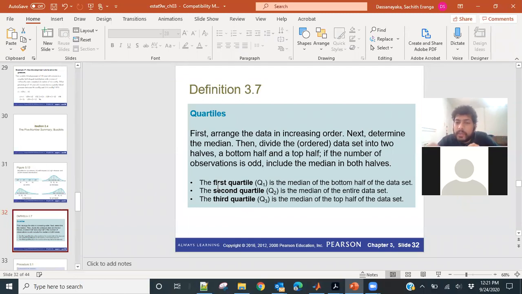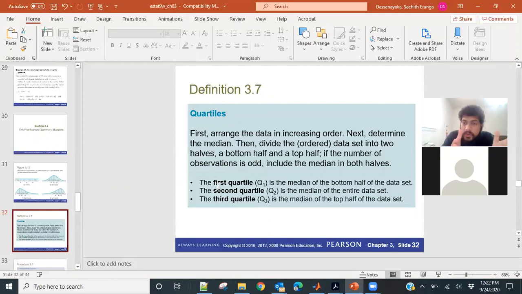For example, Q2 is the median. Q2 equals the median. If you can find the median or Q2 in a particular data set, as I mentioned before, that Q2 or median divides the data set into two pieces, 50-50.